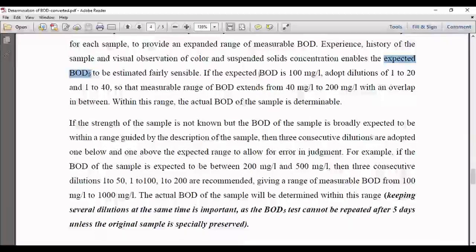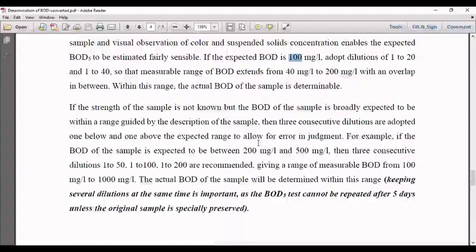So if you are expecting the BOD to be 100 mg per liter, we are not going to restrict ourselves to only one single dilution factor. We are going to adopt the dilution factor of 20 as well as 40. So we'll be getting an extended range of 40 to 200 mg per liter, and within this range our BOD will fall, because we have expected it to be 100 mg per liter, right?